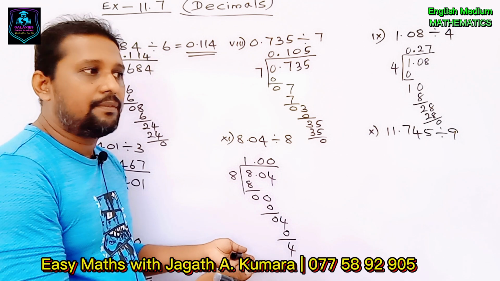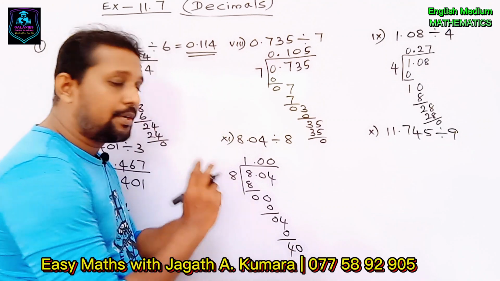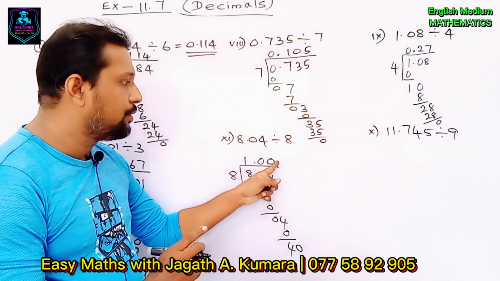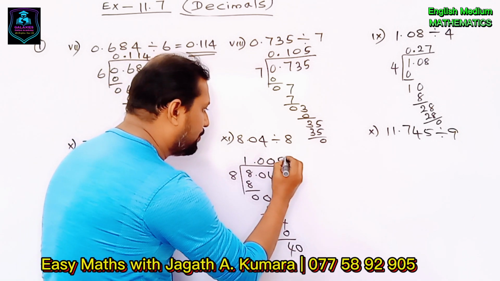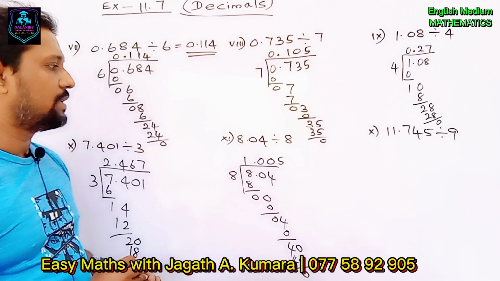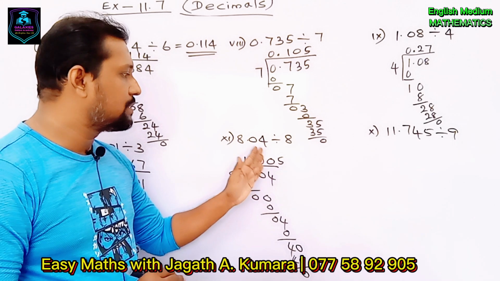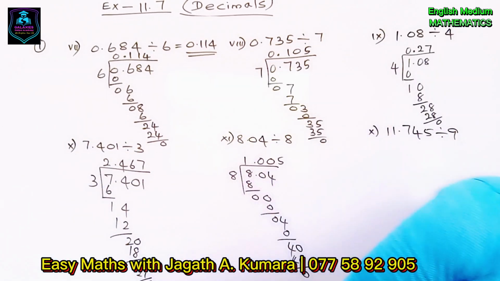Further you have to divide, but there are no digits to get here, so you can put here 0. But remember, don't put the decimal point again, right? 40 divide 8, 5, 5 times 8, 40. So the answer is 1.005. Then another one part remaining to discuss.